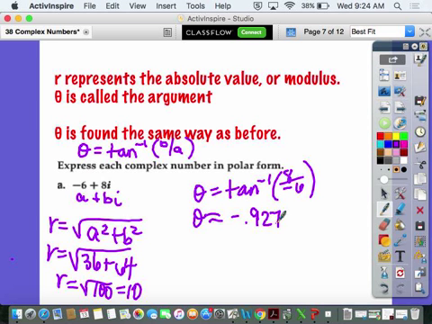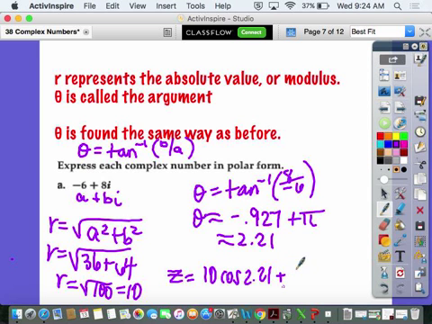Quadrant 2. So in quadrant 2 you add 180, but since we're in radian mode, you add pi. So go ahead and add pi to that value to get 2.21. Awesome. So our complex number in polar form is going to be R cosine theta plus R sine theta i.